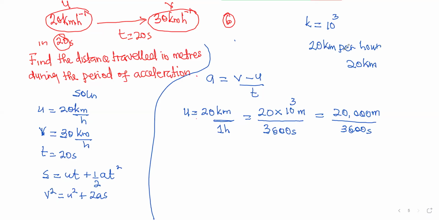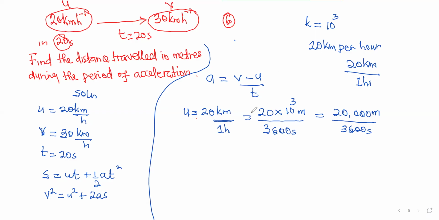The per means divided by, the hour means 1 hour. So 20 kilometer per hour means 20 kilometer divided by 1 hour. Right? Are you okay? So that's how I converted the kilometer to meter, hour to seconds.